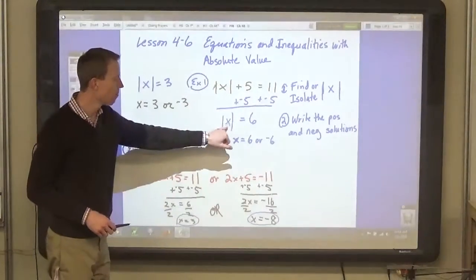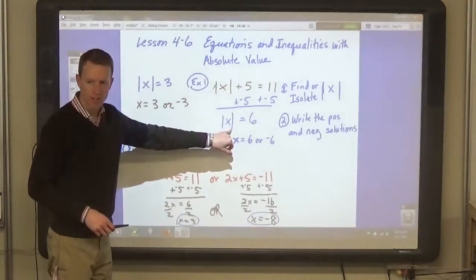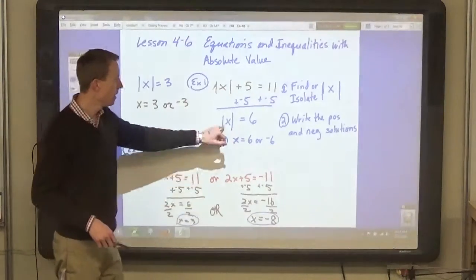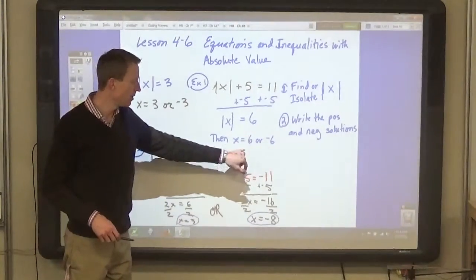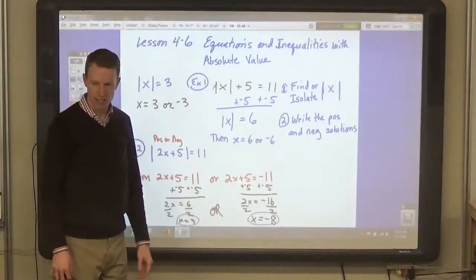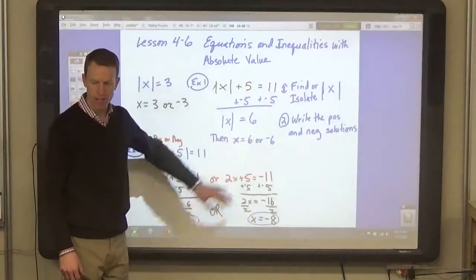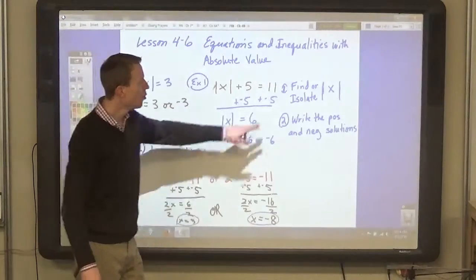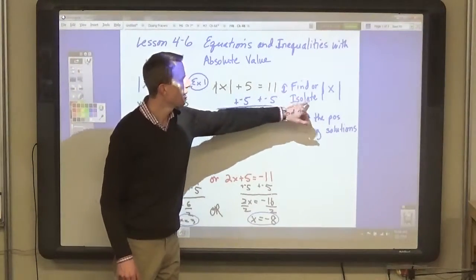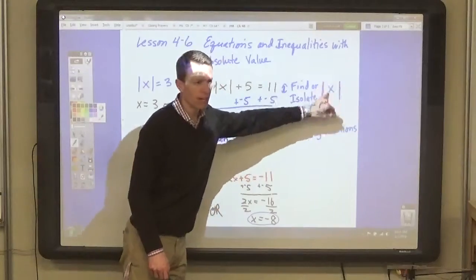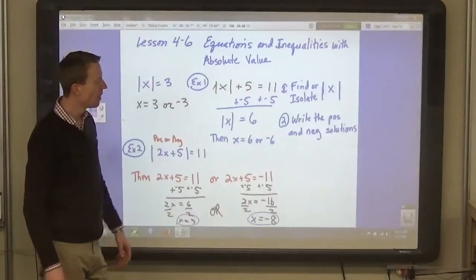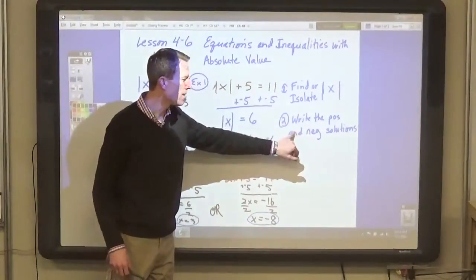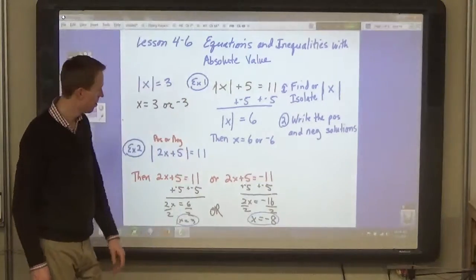Once you know what this amount is, then you could say that it is either positive 6 or negative 6 in this case. It's a positive amount or a negative amount. Okay? So, you want to isolate what's in the absolute value and then solve it for the positive and negative solutions.